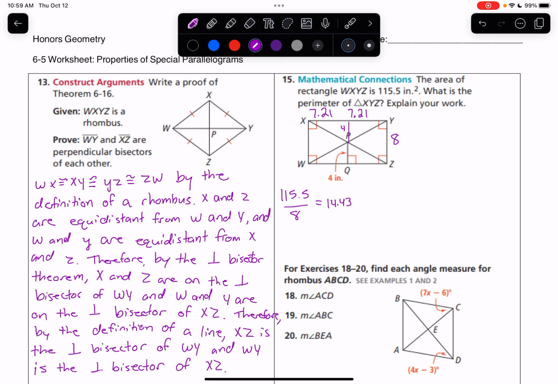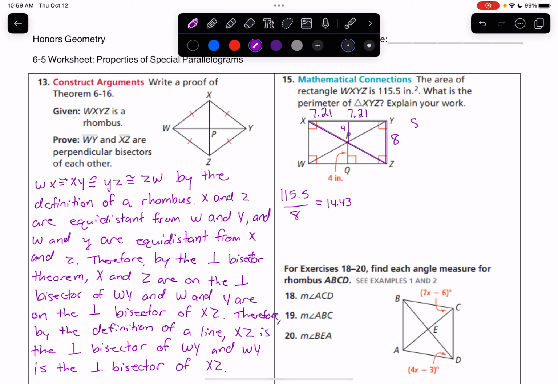So then, if we want to find the perimeter of triangle XYZ, because that's where we're going here, that's the perimeter of half the shape, almost like what we call the semi-perimeter of the shape. So I need to find the length of the diagonal. Luckily, it's pretty easy because I can just use the side lengths that I have in the Pythagorean theorem.